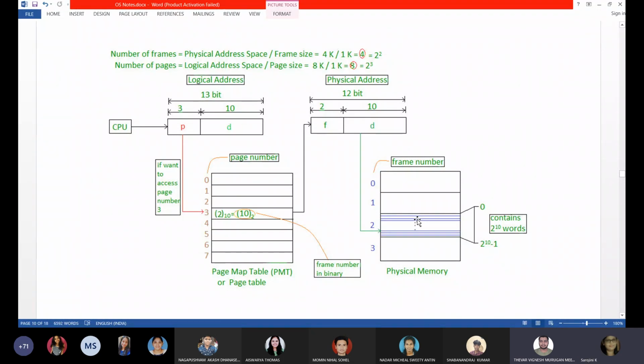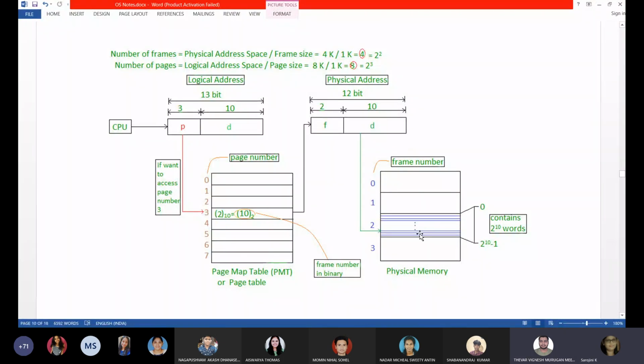So now if I want to refer to a page, the respective offset number will be given. To represent these inner lines, we need what? We need an offset. We found the frame number as 2. But inside frame 2, which content?